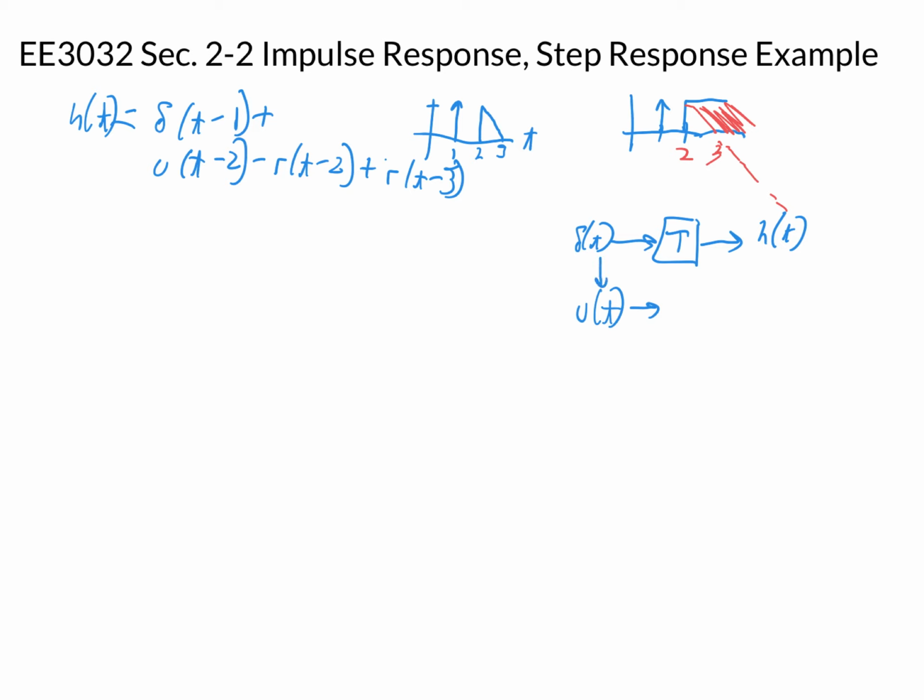So here I did integration, and I apply the step as the input to the system. Then the output, the step response, can be found by integrating the impulse response. So I'm using a few properties of linear time invariant systems here together, but this is a very common one.